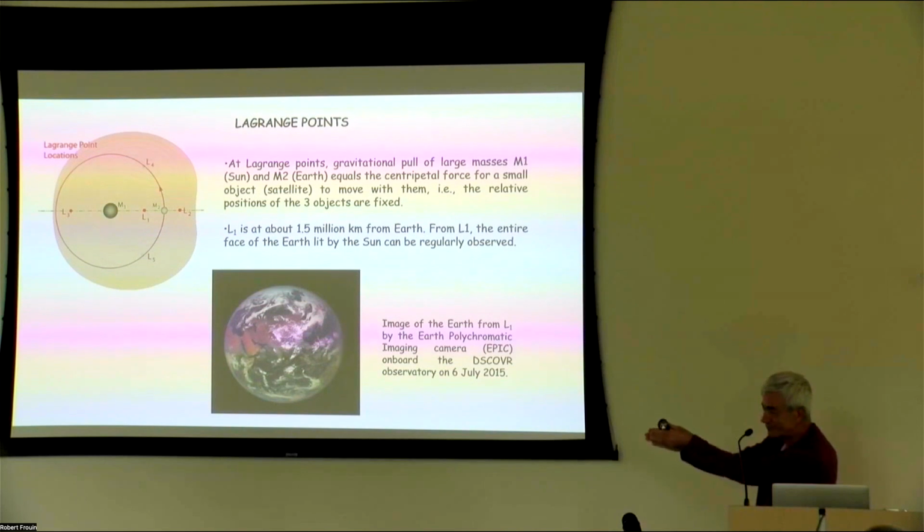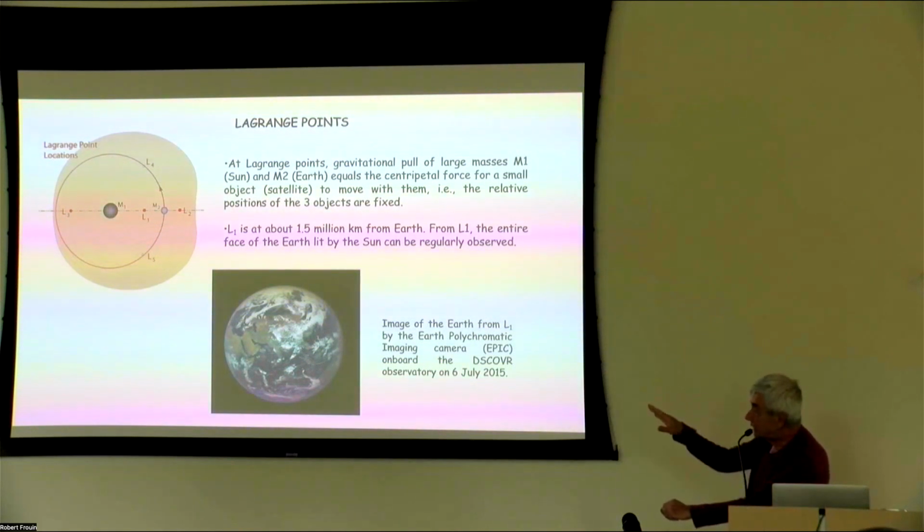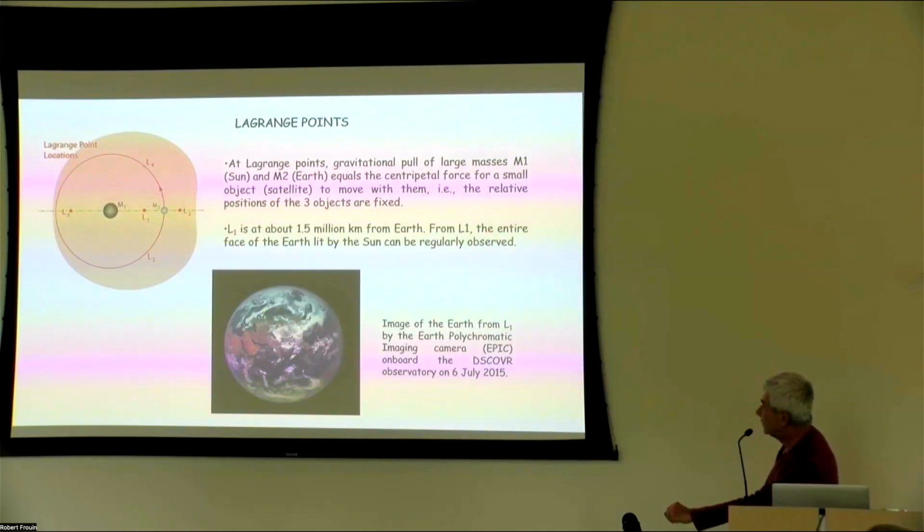So you view this very tiny object at practically the same scattering angle, which is in fact not exactly 180 degrees, but something like 175 degrees. And from that orbit, you can take images of the Earth. This is an example from the EPIC camera, the Earth Polychromatic Imaging Camera on board the DSCOVR observatory.